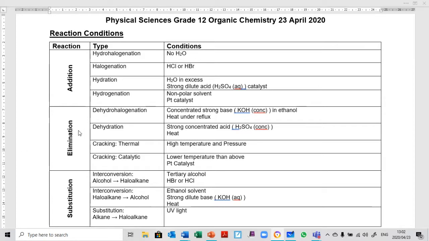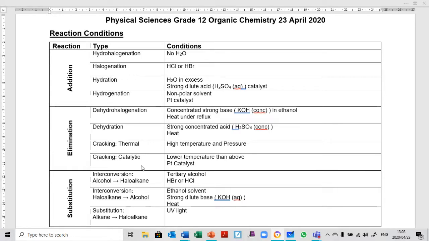Then we have elimination reactions. So the opposite of hydrohalogenation is dehydrohalogenation, okay? The opposite of hydration is dehydration, okay? And then we also have cracking. We have thermal cracking and catalytic cracking.